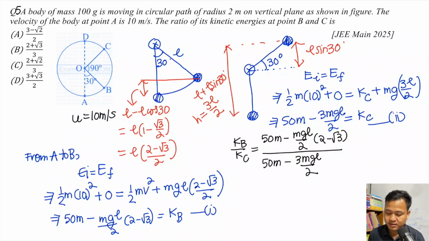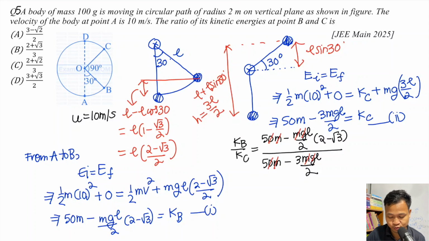The mass cancels out. Here g is 10, so I can cancel out 10 also. So what remains?